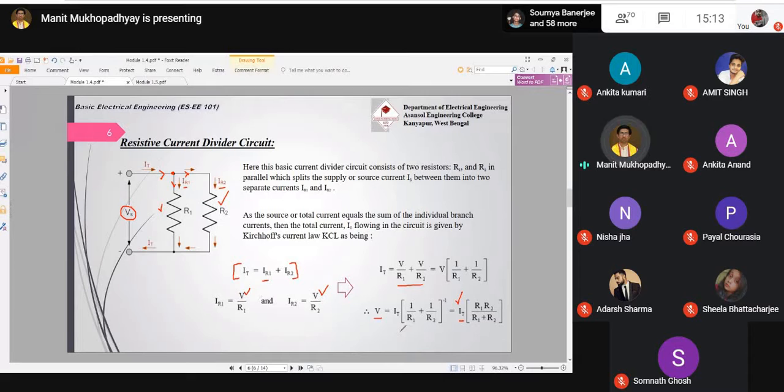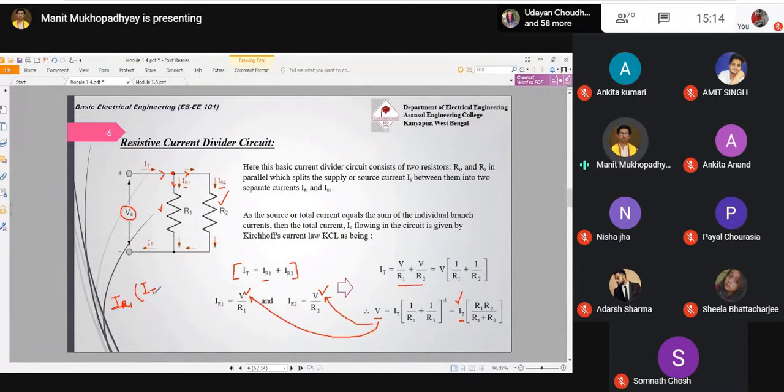So if you put the value of V here and here, you can find IR2 as a function of IT. So what is our motto in the resistive current divider circuit? Our motto is to find IR1 as a function of IT.